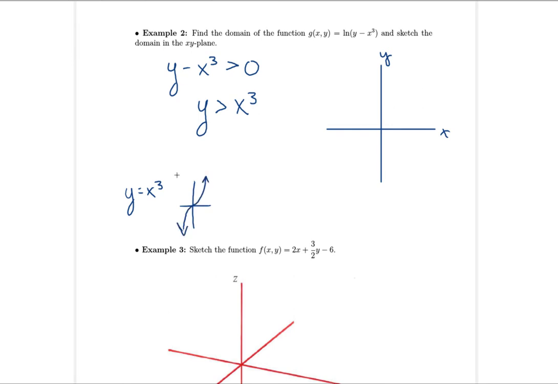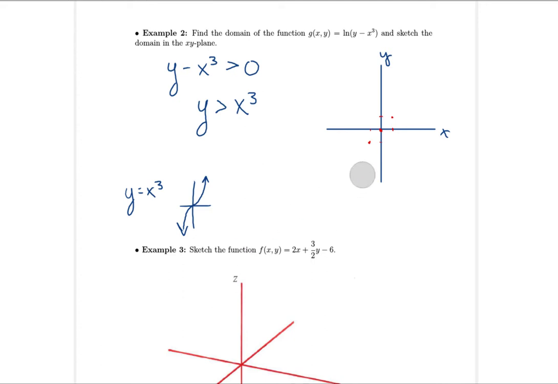So what I want to do is graph here, but notice that I am not including that. So I'm going to be careful here, and as I graph it, I'm going to use a dashed line. So I'm going to go 1, 1, -1, -1, because I know those are points, and 0, 0.